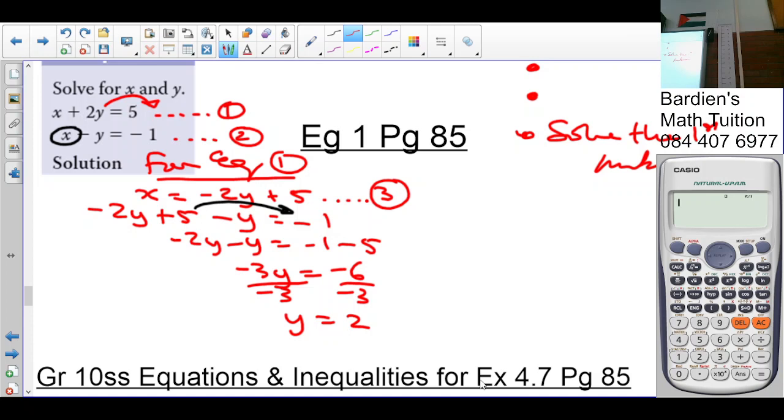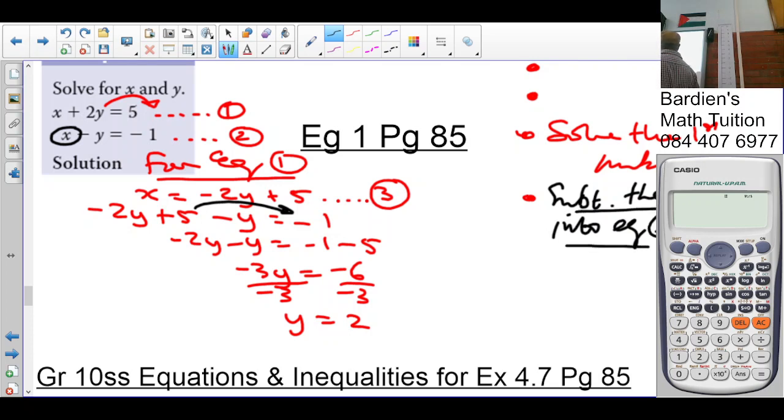Alright, so what do we do from here now? Then you solve for x, yes. Now you're going to substitute the unknown into equation 3.